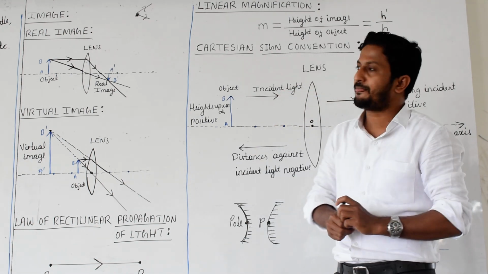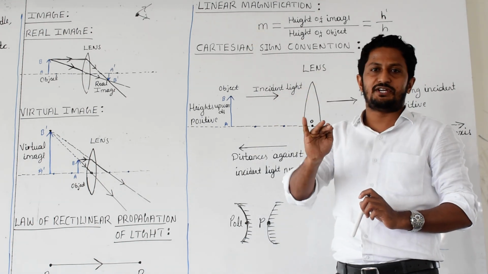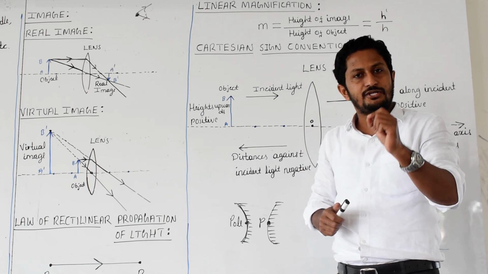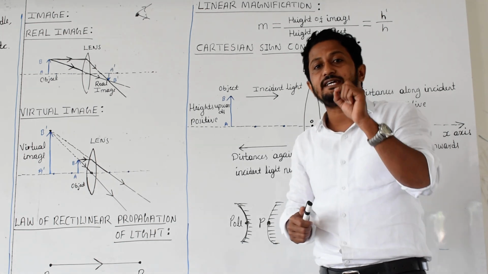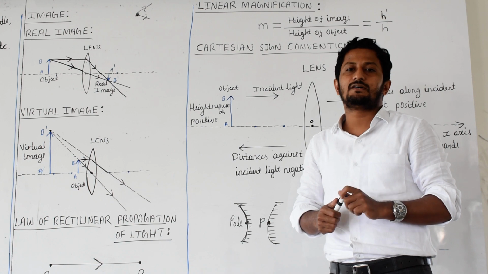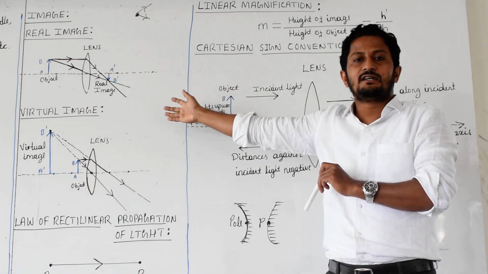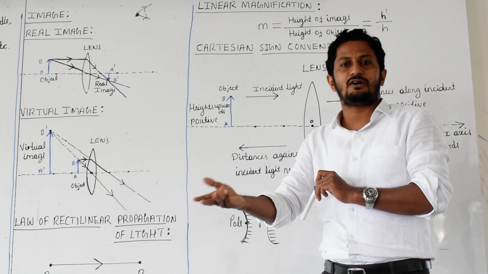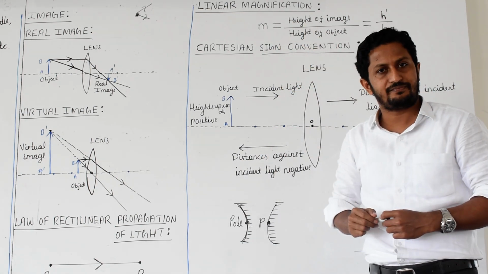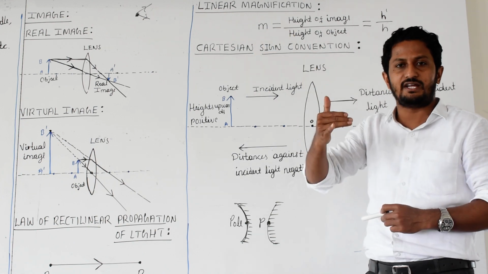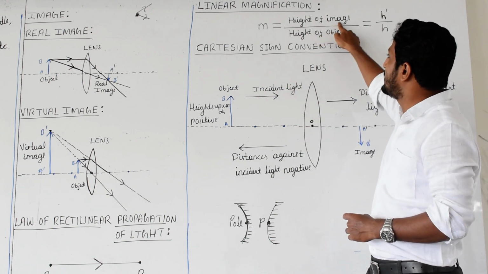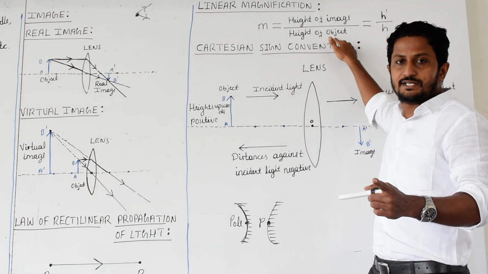Now, what I mean to say: linear magnification is the ratio of the height of the image to the height of the object. Thereafter getting the image, whether it is diminished or magnified, to say that, we go with magnification. Magnification is the ratio of the height of the image to the height of the object.